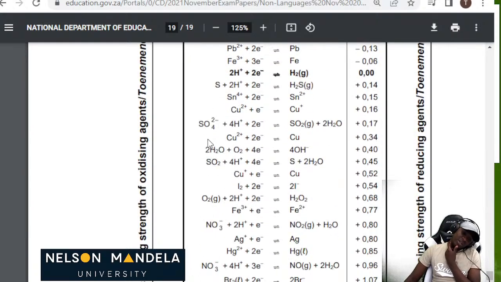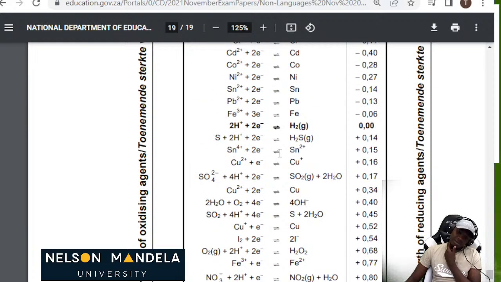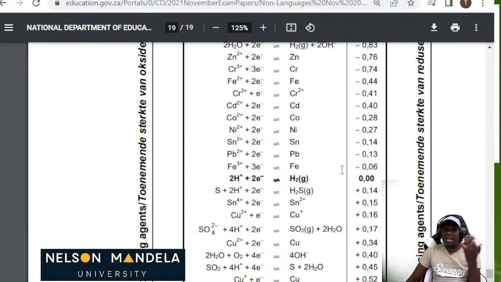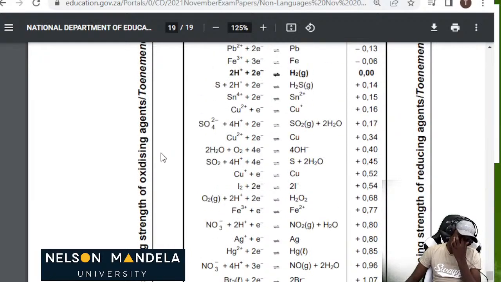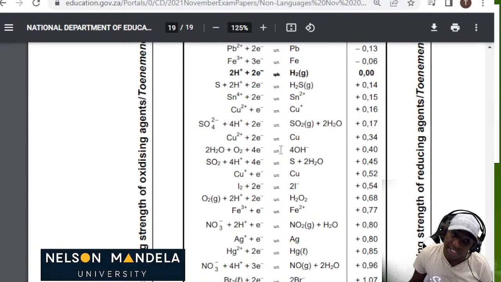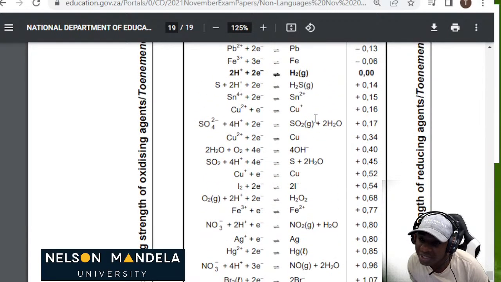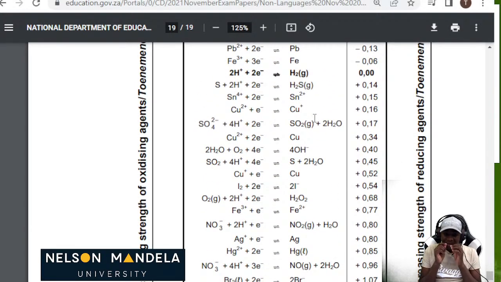As you can see on this side, as you are going down, it's increasing strength of oxidizing agents. Sorry, on the left it's increasing strength of oxidizing agents. Then on the right, it's increasing strength of reducing agents. So that is so important.